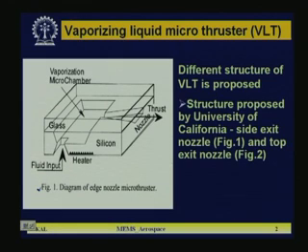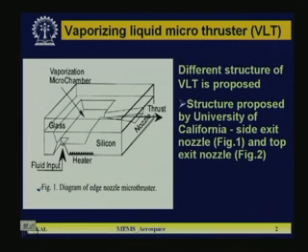Vaporizing liquid microthruster, VLT. Different structures of VLT have been proposed. Here is one structure which is being used by researchers of the University of California, shown in the figure. You can see the fluid input here through the nozzle, and it is completely made of silicon.